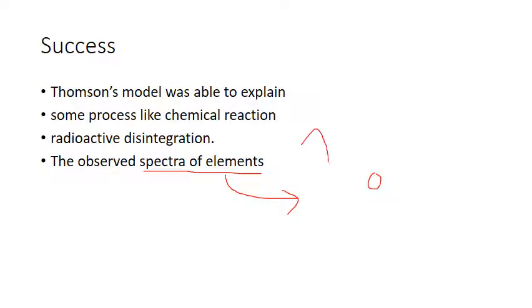Let us say there is an atom, you supply some energy to the atom, and you have a diffractor plate. This is your diffractor plate. What happens if you give sufficient energy to this atom? The electrons are ejected, isn't it?